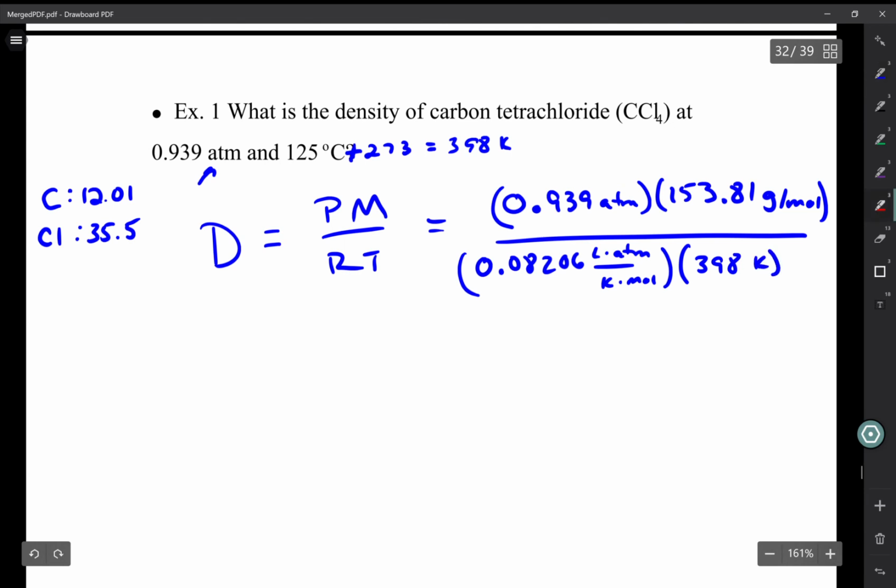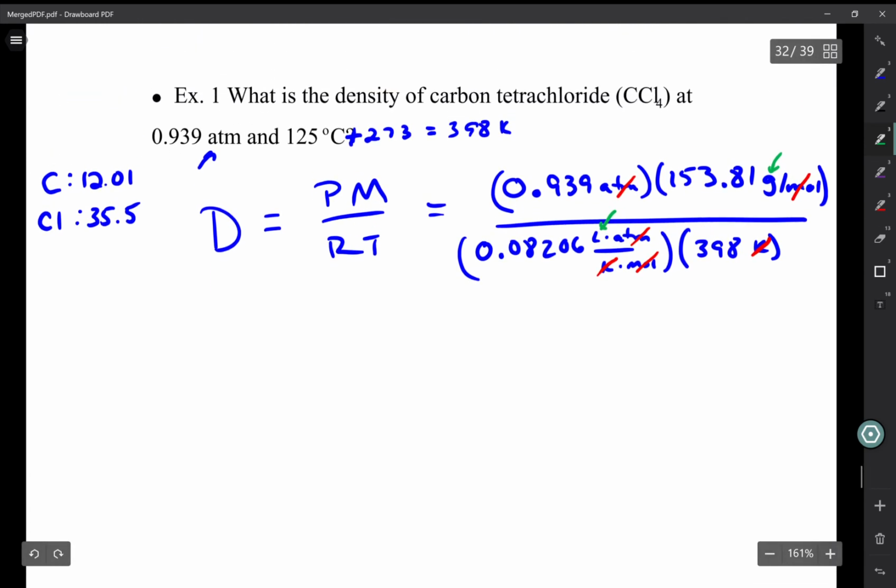Now let's cancel units. The atmosphere is gone. Kelvin, out of there. Moles are gone. What units do we have left over? We have grams in the numerator, liters in the denominator. Sounds like a density unit to me, doesn't it? Grams over liters.